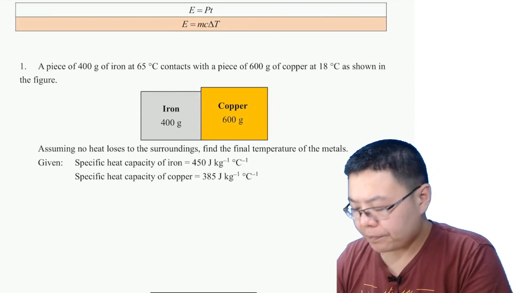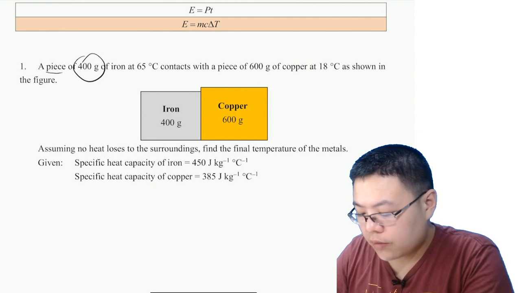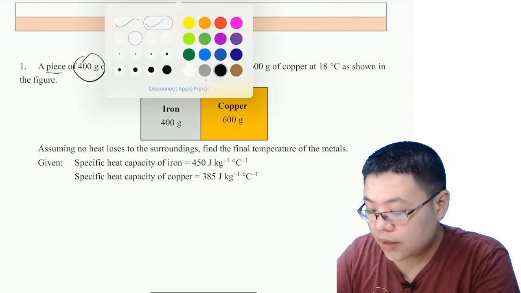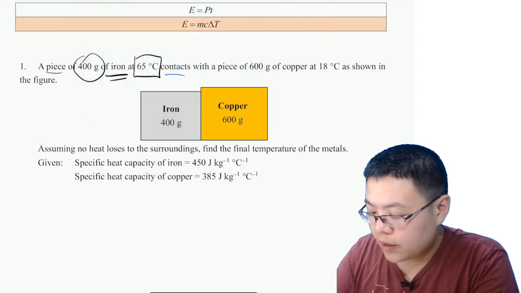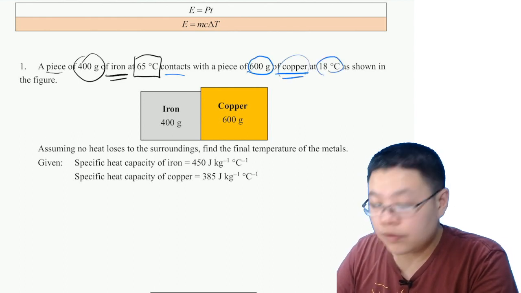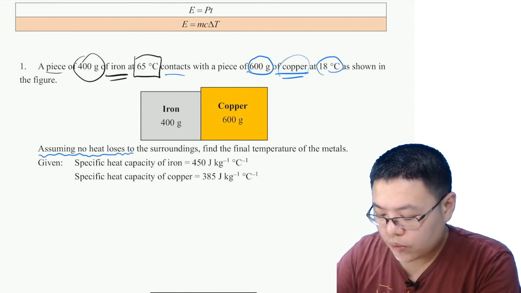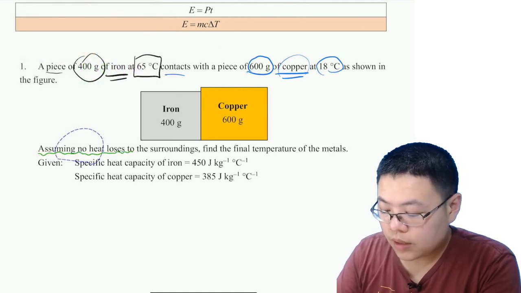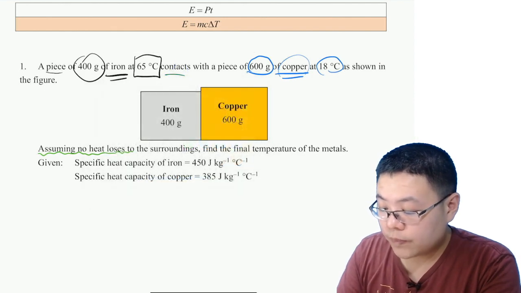So let's start. For question 1, a piece of 400-gram iron at 65 degrees Celsius is in contact with a piece of 600-gram copper at 18 degrees Celsius, and assuming there is no heat loss, it asks what the final temperature is.